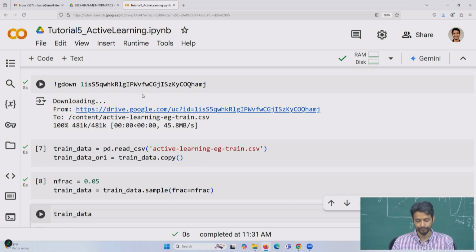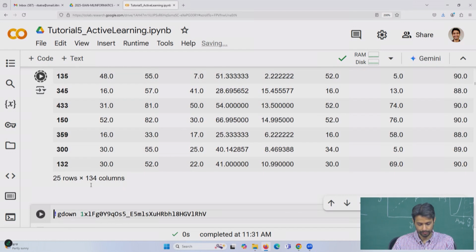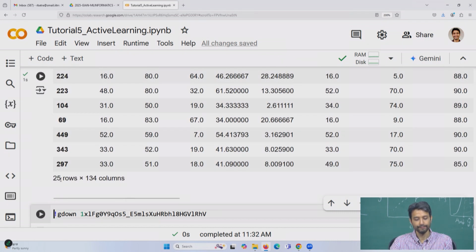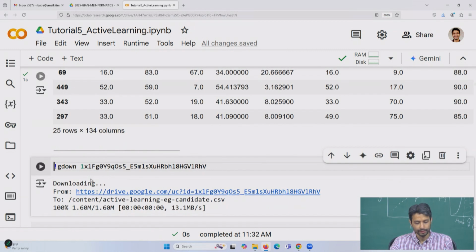Fine. So now, this is how my training data looks like, which has just 25 rows. So only 25 materials I am starting with. See how small my training data is.